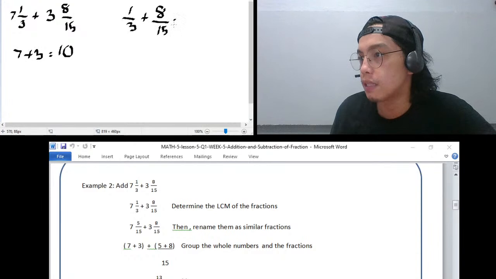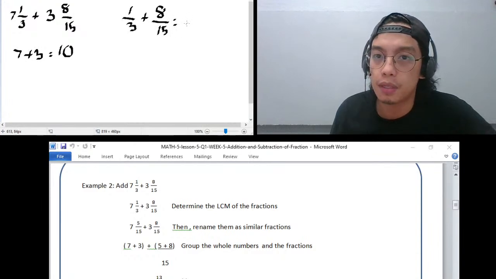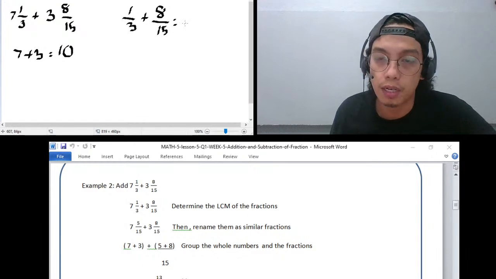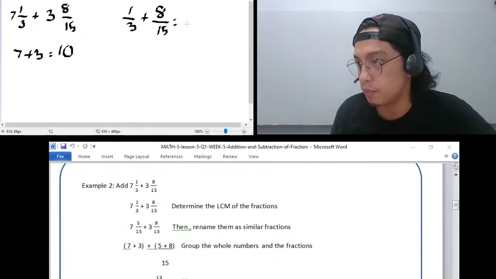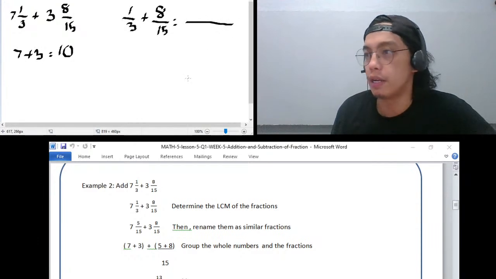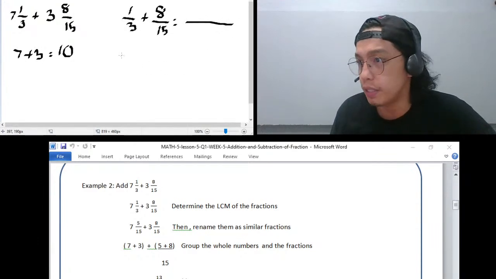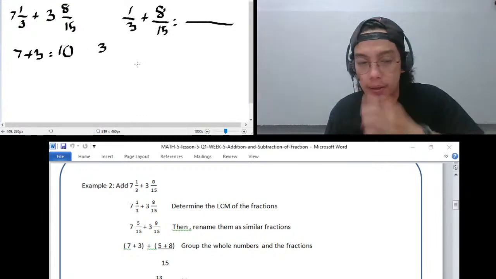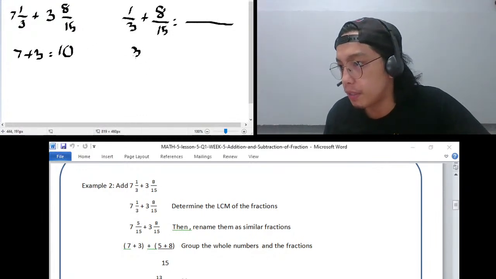Now let's get the LCM or LCD of the denominators. What is the LCM of 3 and 15?